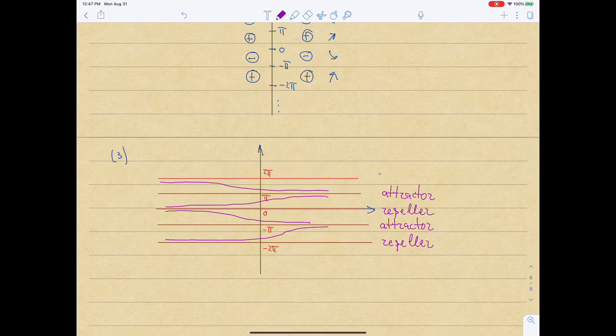And plus 2 pi is a repeller. We did not look at above 2 pi and below minus 2 pi, but clearly the same pattern will continue. And so we can make those conclusions. In this case, you will see infinitely many attractors, infinitely many repellers, and they're just going to alternate.